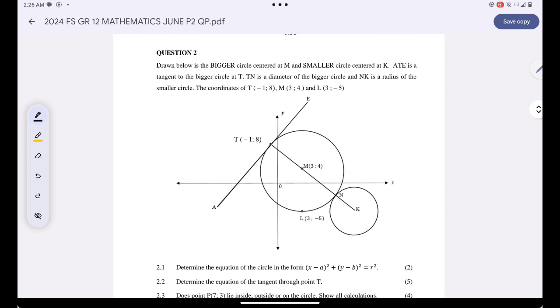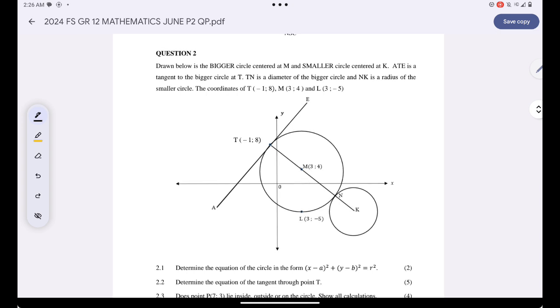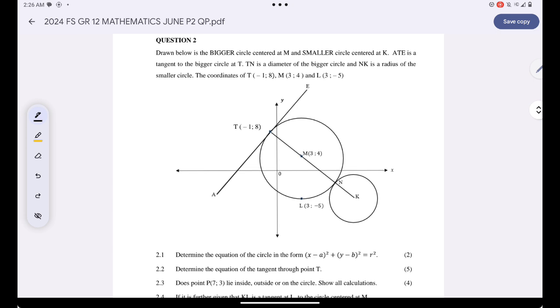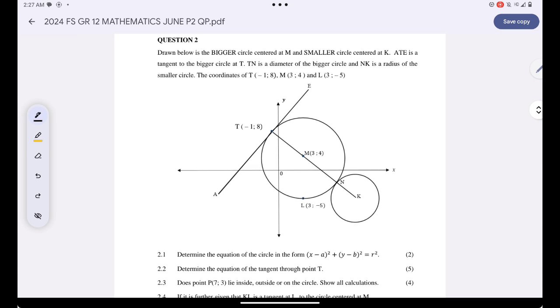The coordinates of T, M, and L are these, okay? Determine the equation of the circle in that form.